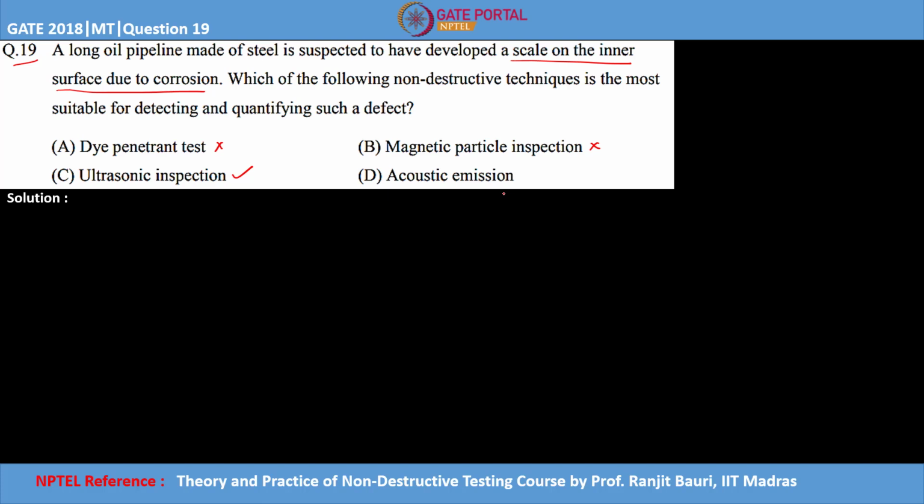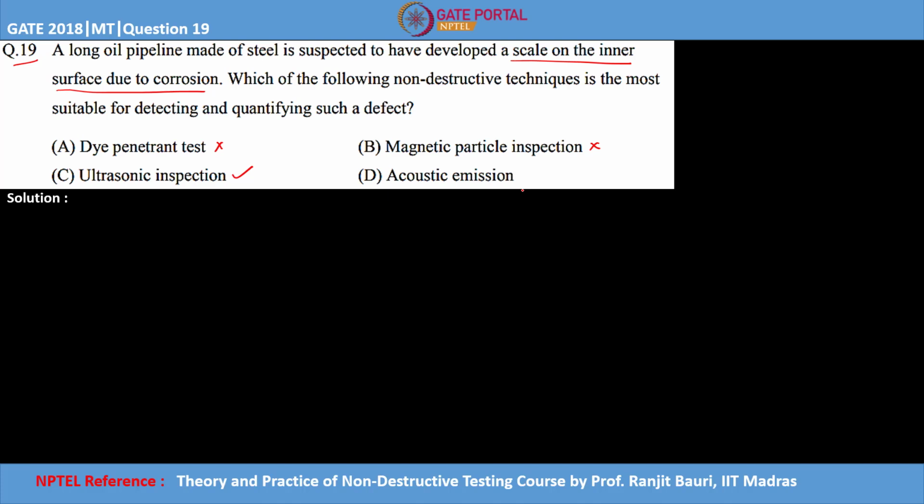Coming to acoustic emission, what happens is that if some defect is present, let's say a crack is present in your material, and your material or component is subjected to a load, then the presence of load and defect, whether internal or external, causes an emission of transient elastic waves.